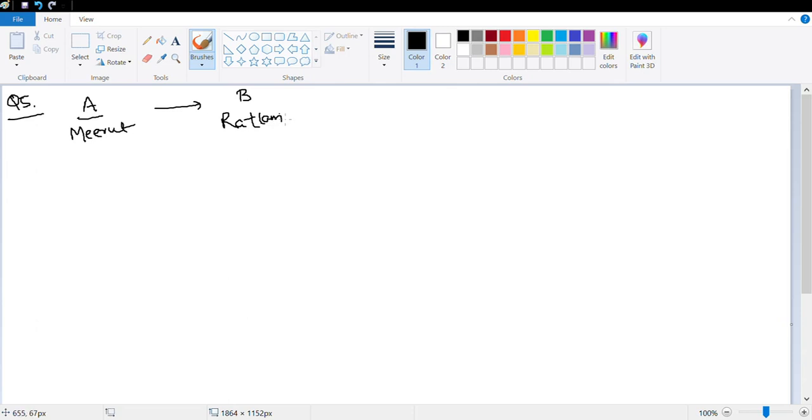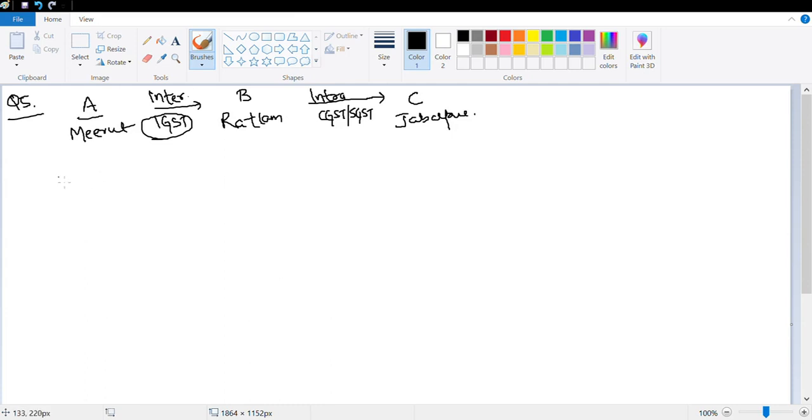Now Ratlam is in MP, this is in UP, so we are looking at interstate, which means we are talking about IGST. But I repeat, this year you do not have IGST, but again this is nothing but just a tax calculated at a certain percentage. B in turn supplies it to C at Jabalpur. So C is in Jabalpur, this is intra, which means I am looking at CGST and SGST. Perfect. At a profit of 3,000, if the rate of tax is 18%, find this.